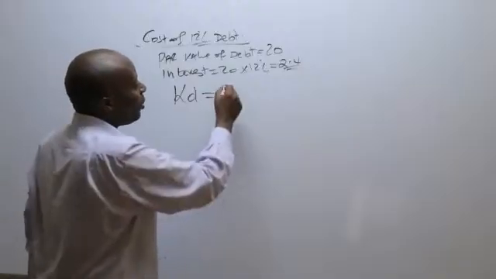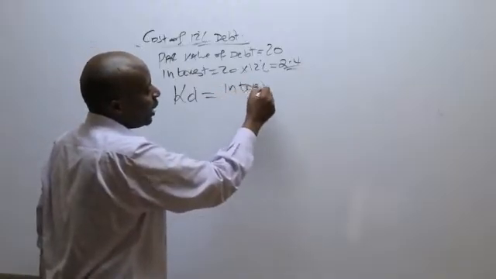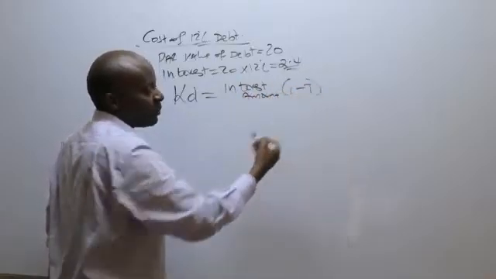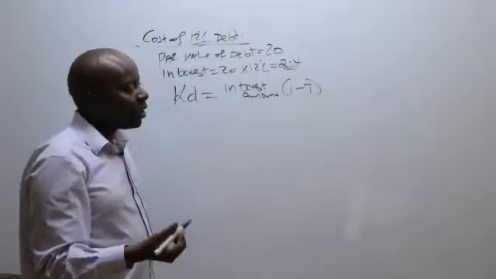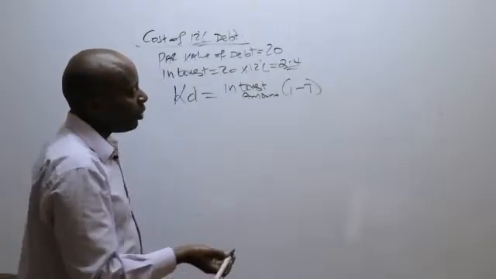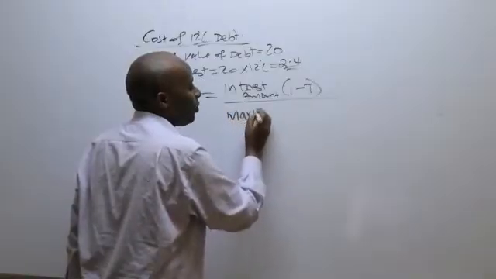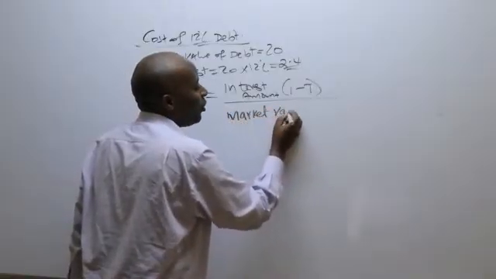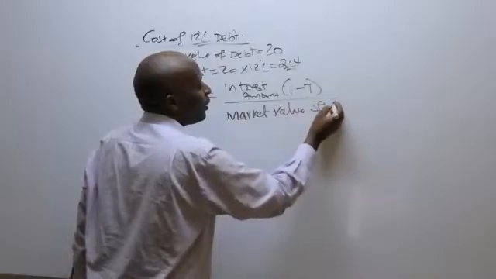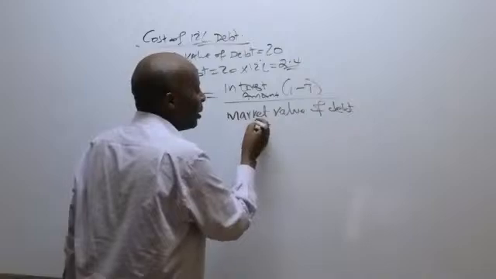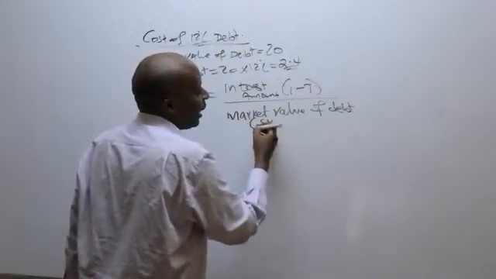KD should be equal to the interest amount that I have into 1 minus tax, because remember, interest, unlike dividends, is normally tax allowable, all over the market value of the debt instrument. Again, remember that this market value must be like the X div.